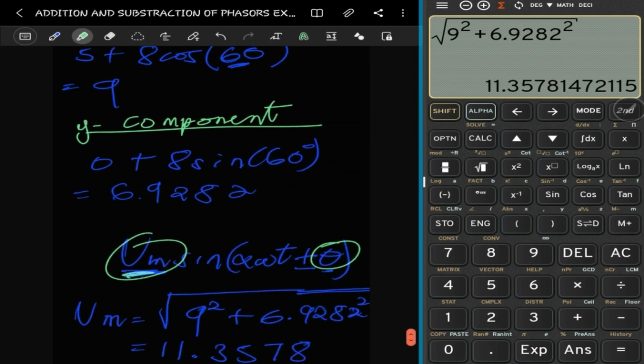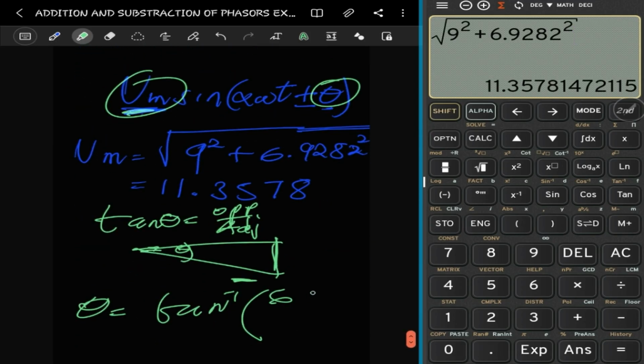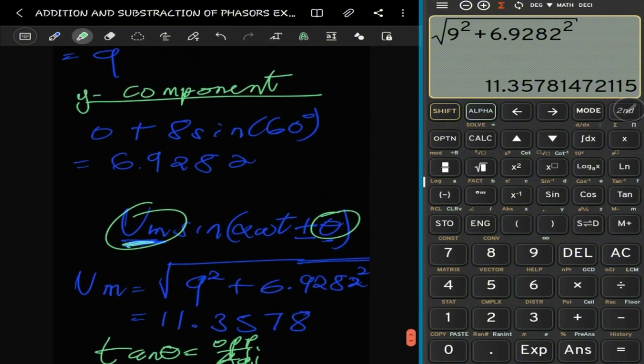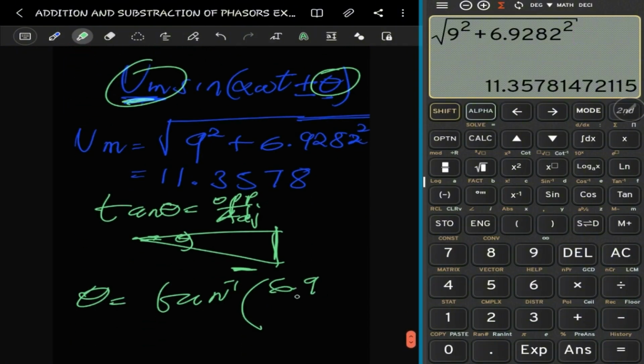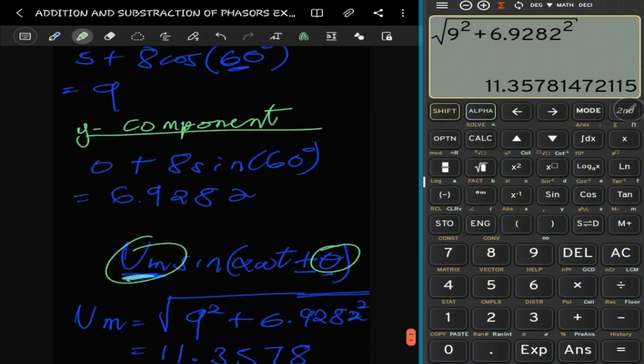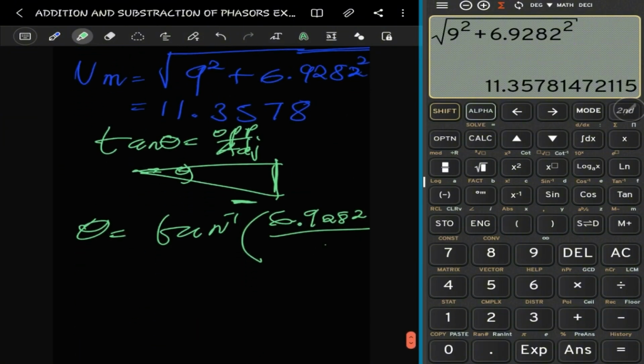And we know the y component is 6.9282, and then the x component is just 9. So that's what we are getting.